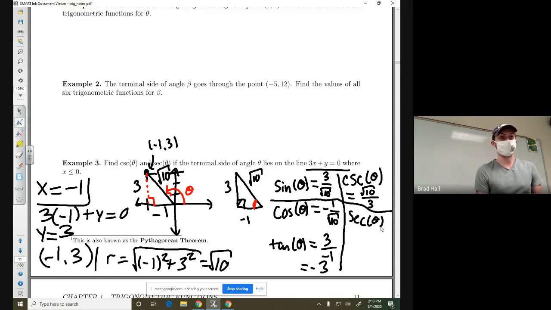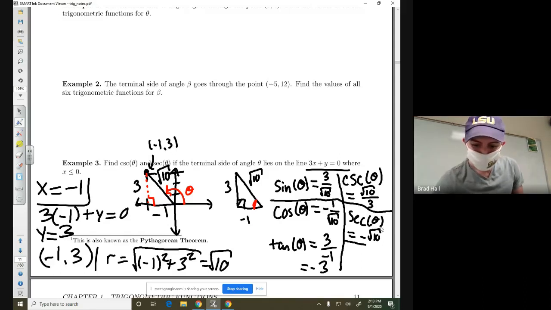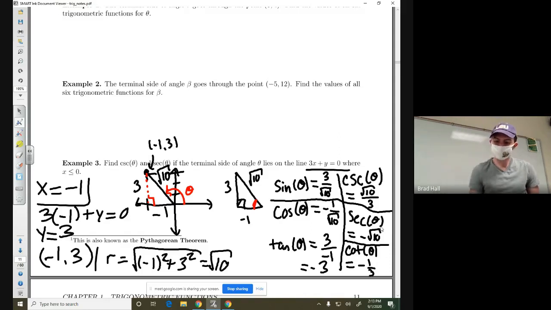Secant, the reason why I write it across from cosine, same idea. Really, it's just negative square root of 10 because the 1 doesn't matter. And finally, cotangent, just -1 over 3. I know it said find cosecant and secant, but I figured I might as well just write them all down.